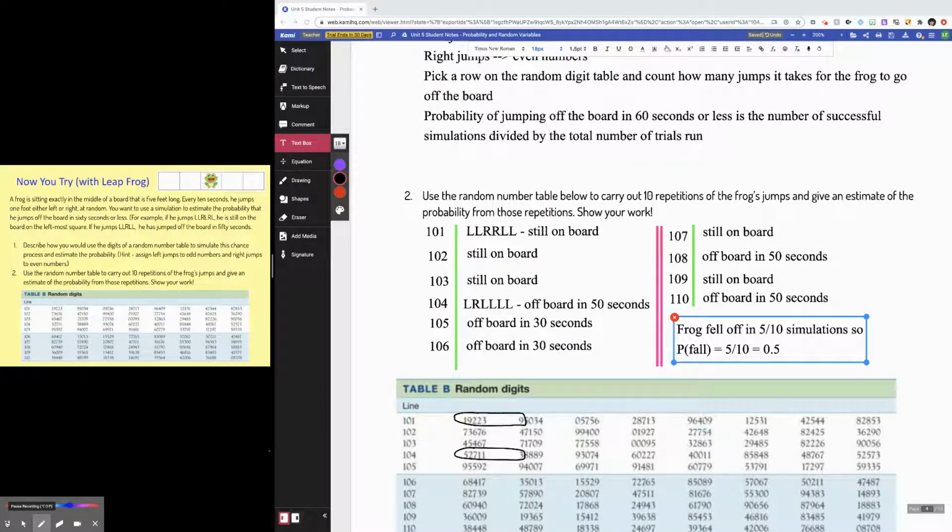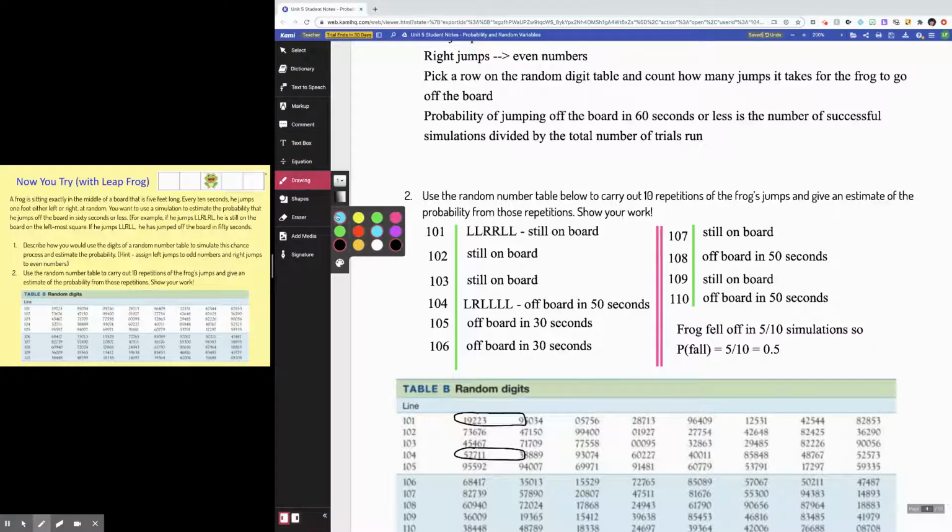All right, folks, here's the rest of the simulations worked out. If we look at how many times he fell off the board: once, twice, 3, 4, 5 times. So he fell off the board in 5 out of 10 simulations.